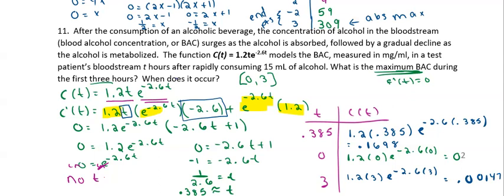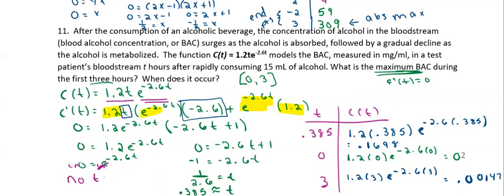So let's see what we've got here. We're trying to find our max, and we're trying to figure out when it would be. So that means we need our highest value. It looks like our highest value is right here at 0.1698. 0.00 is pretty low, 0 is low, so it looks like our highest value is this 0.1698. So this means that we'll have a maximum when t is 0.385, and the BAC level would be 0.1698.